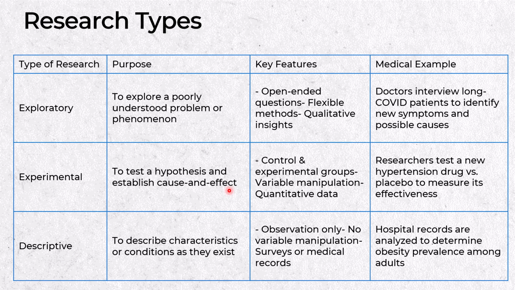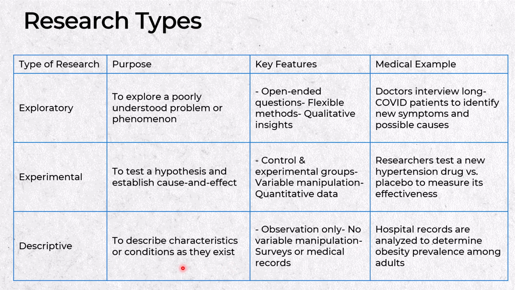In experimental research, we test hypotheses and establish cause and effect relationships. For example, here we have researchers testing a new hypertension drug versus placebo to measure its effectiveness. That is experimental research.